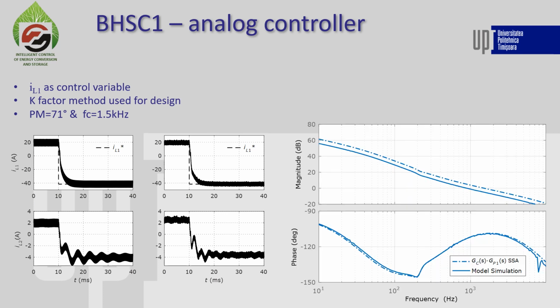The controller was designed using the K-factor method, and we see here the parameters used for design. We have the phase margin of 71 degrees and the cutoff frequency of 1.5 kHz. And this helps maintain a pretty low oscillation on the second inductor current.